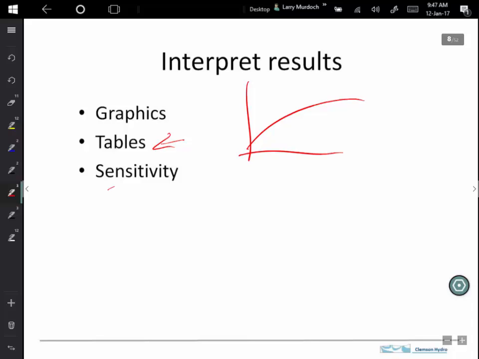We might also do sensitivity analysis, where we systematically vary a parameter and see how the results change. We might vary a parameter and get a whole set of curves that look like that. So that's giving us a little more insight into how the system's behaving. And so these are the tools that we'll need to use to interpret the results.